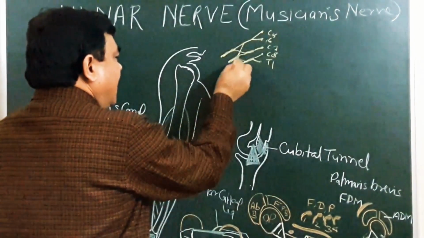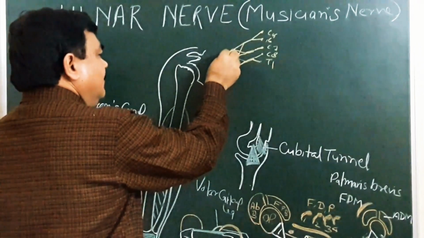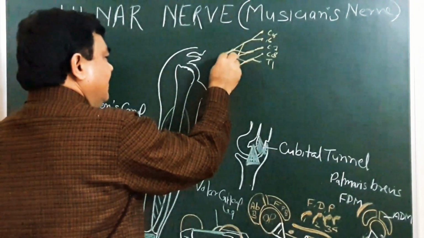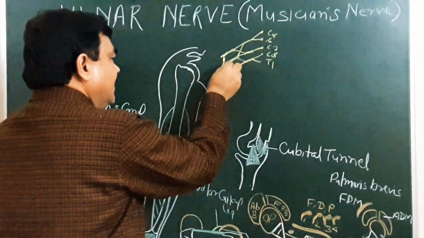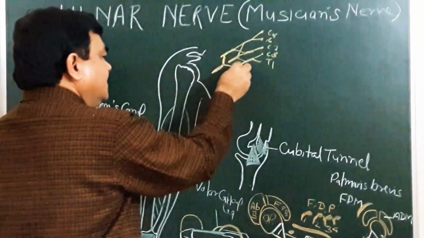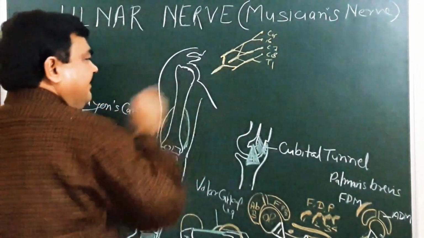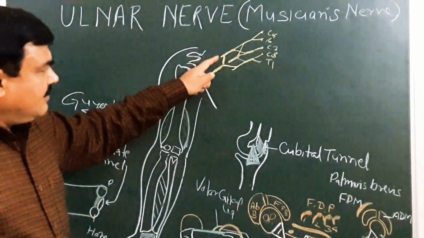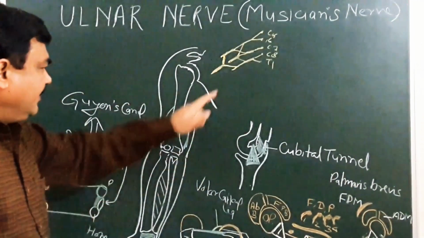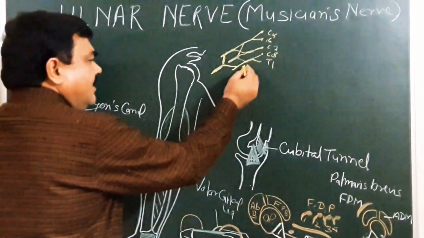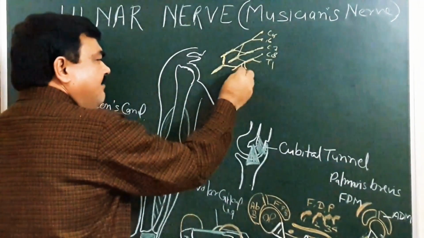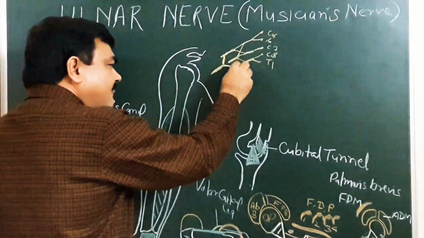From the medial cord, as we have already discussed, the median nerve is formed. This is the lateral root and this is the medial root of the median nerve. The lateral root comes from the lateral cord, the medial from the medial cord. The medial cord gives other branches: medial pectoral, medial cutaneous nerve of arm, and medial cutaneous nerve of forearm.